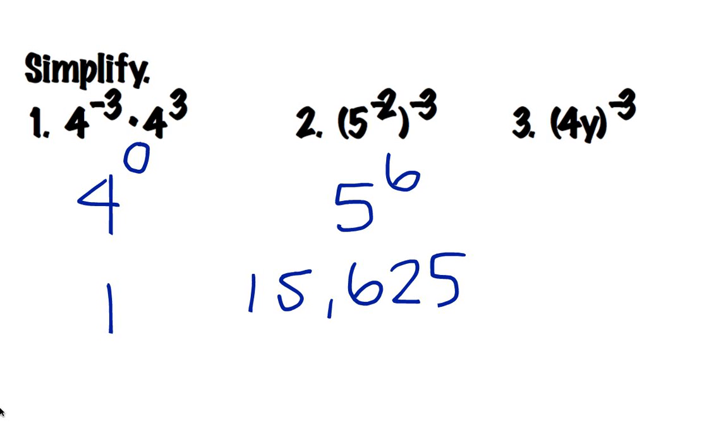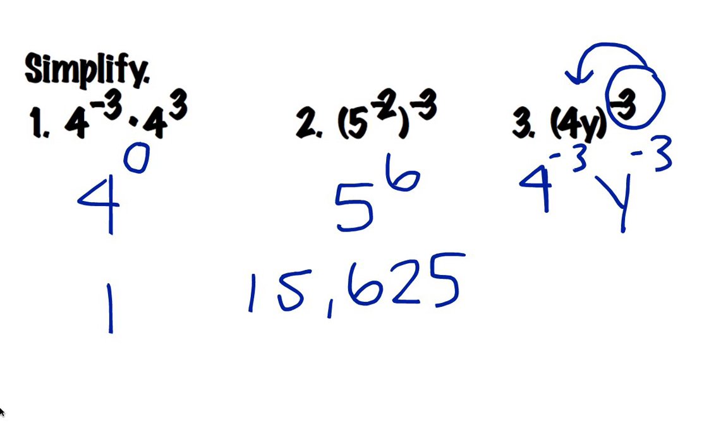Number 3, this is an example of the power of a product property that we learned in section 8.1. So I'm essentially going to distribute the negative 3 to everything inside the set of parentheses. So I have 4 to the power of negative 3 and y to the power of negative 3. I cannot leave any answer with a 0 or negative number in the exponent.